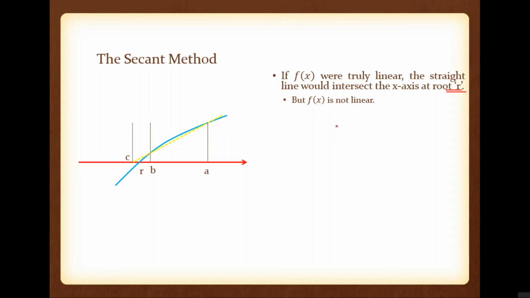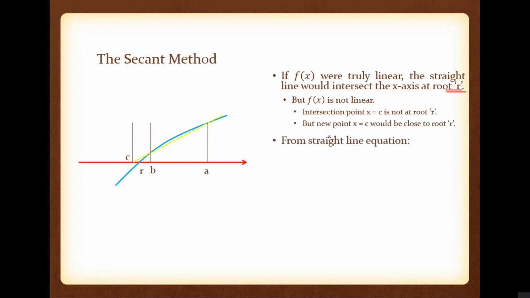So if f of x is not linear, now we are going to utilize the equation of a straight line. What is the equation of a straight line? Equation of straight line is a minus c divided by f of a minus f of c, that is equal to a minus b divided by f of a minus f of b.